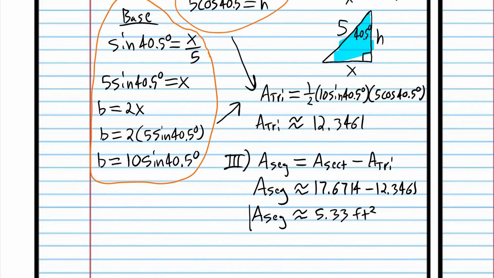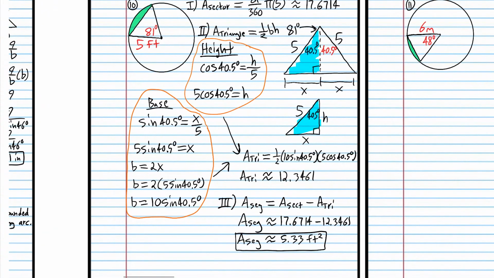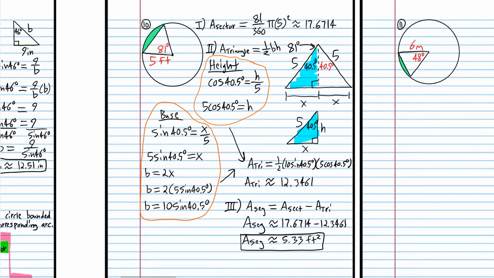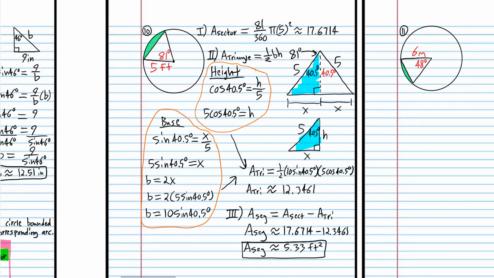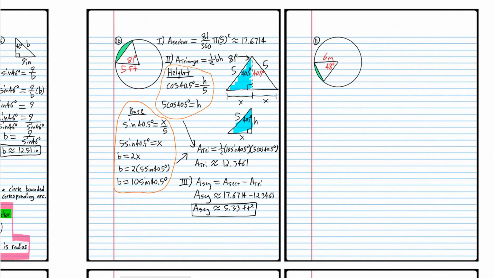So again, it takes a lot longer when you're trying to explain all this. But when you do these problems, you're going to understand all this logic because you're going to have done so many problems today that when you do the homework, you're just going to know what to do without showing every single step. Okay, so on to number 11.